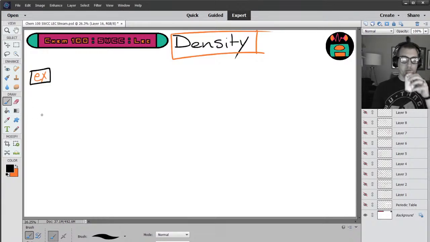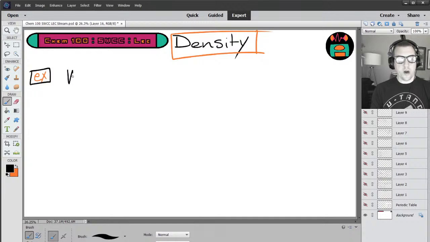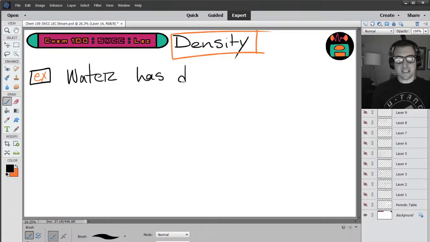So consider the following example. Let's see, water has a density of 1.008 grams per milliliter.